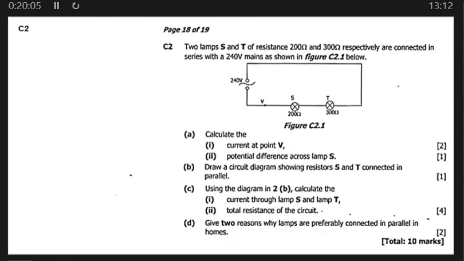So we are going to introduce the formula that connects current, because in this diagram, as you can see, we have been given voltage, then resistors, here there are 2. So what we should now introduce is the voltage, current, resistance relationship, which says voltage is equal to current times resistance.